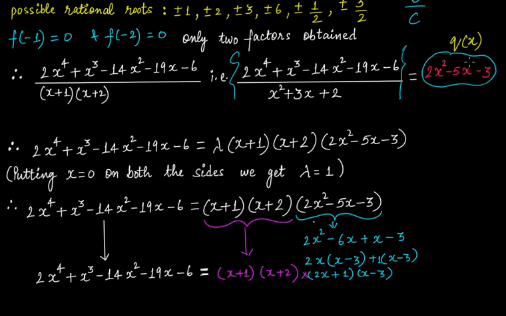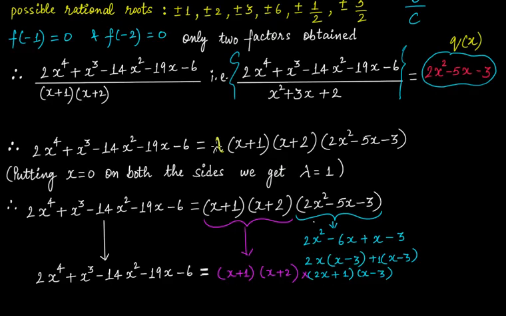You take this q(x) and write f(x) equal to lambda, as we did in this example, lambda multiplied by (x plus 1), because x plus 1 is a factor, multiplied by (x plus 2), because x plus 2 is a factor, multiplied by this q(x), that is 2x squared minus 5x minus 3.